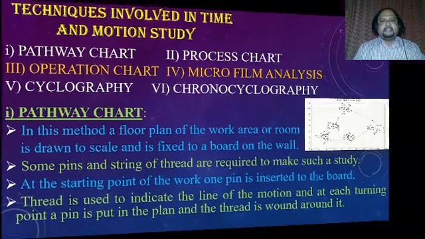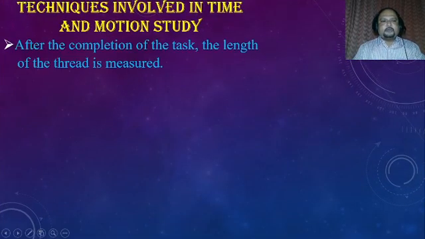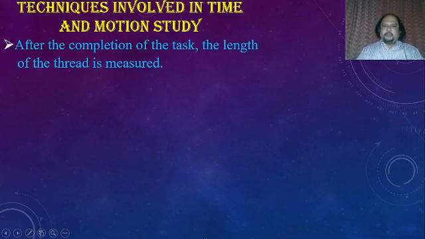Let us understand this particular process in a still better way before we proceed to the next technique. After completion of the task, the length of the thread is measured. So what do you do? We draw a layout diagram to scale. Once we draw it, from wherever we are starting, we put a pin, until where the person will move and stop.